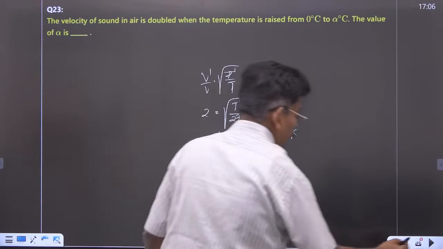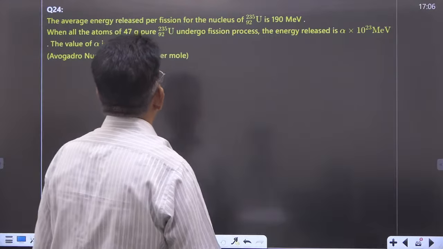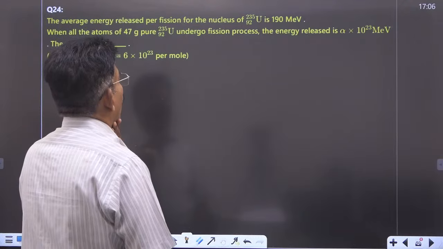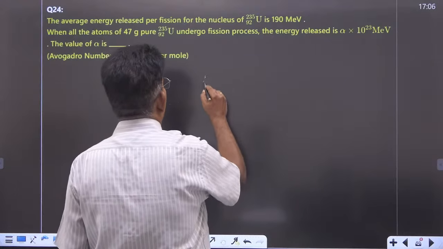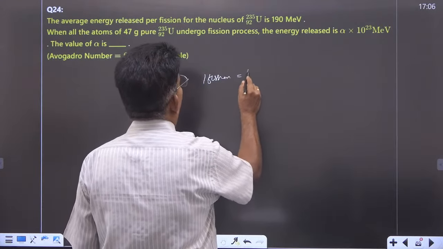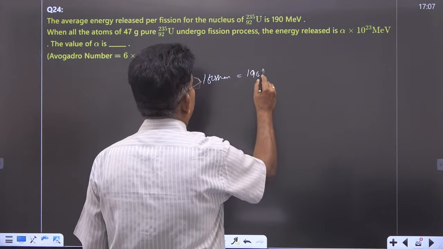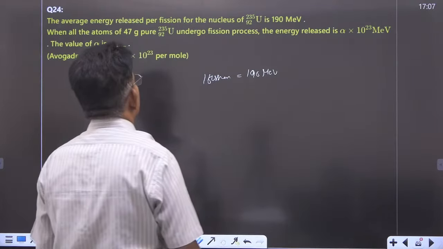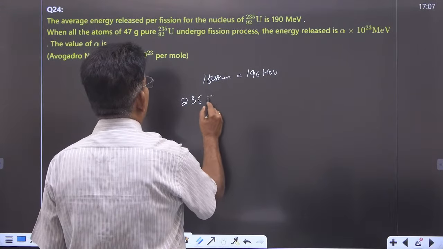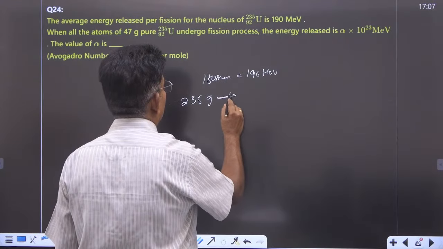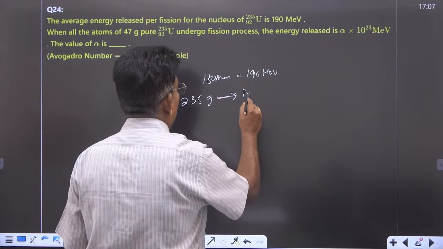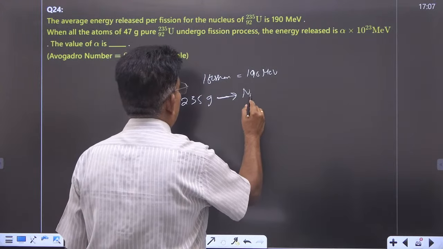We go to the next question quickly. Then, energy release per fission for the nucleus of uranium. Fission of one atom, one fission, one atom, how much energy? 190 MeV. Then we know 235 grams of uranium contains Avogadro number, Na.